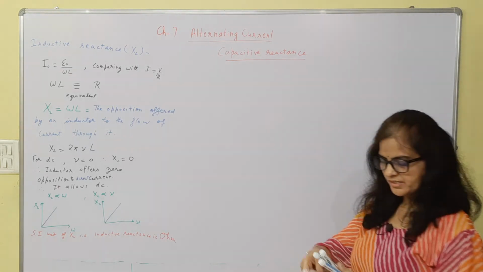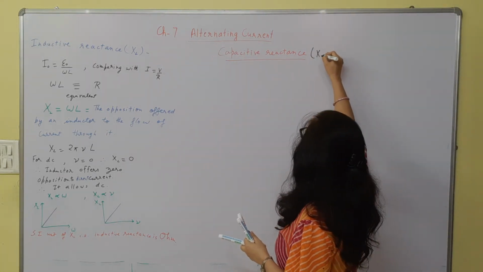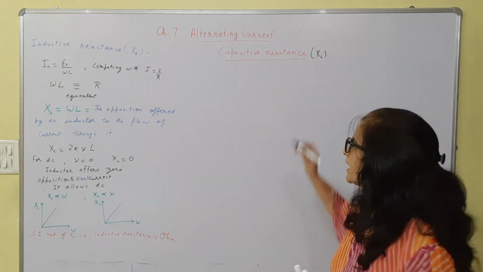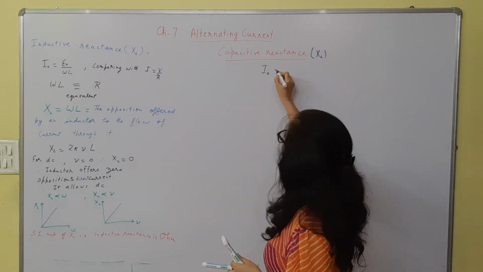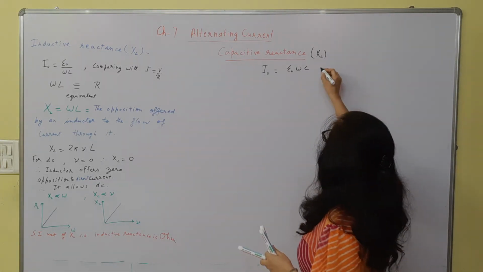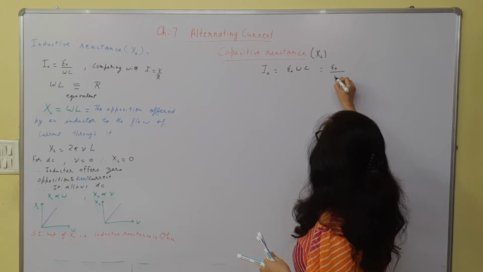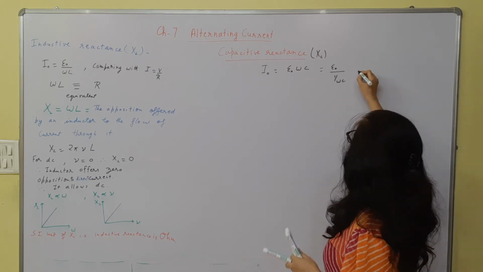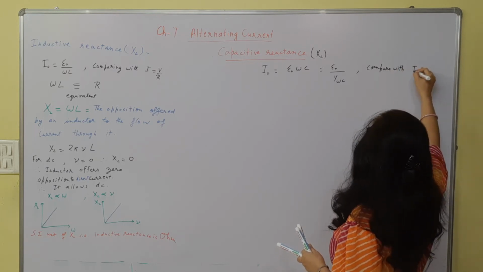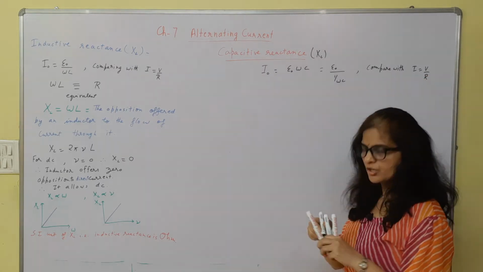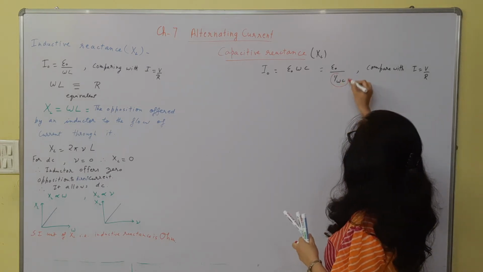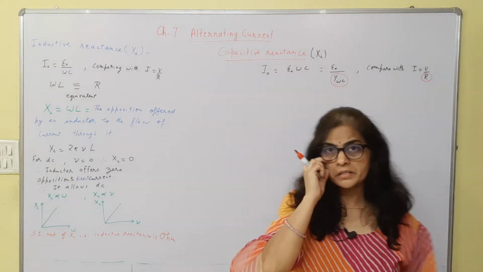This capacitive reactance is represented by XC, and if you remember, while deriving the phase relationship between the voltage and the current, we had derived that I naught is equal to E naught omega C. So if I compare it with I is equal to V upon R, we see that this is comparable to the resistance.